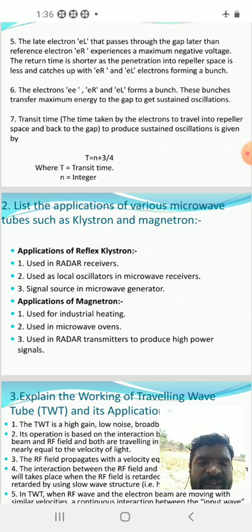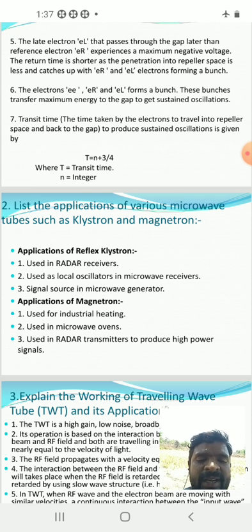That means the reflex klystron is linear type, where the electron beam and electric field are parallel along the beam. Magnetron is a cross field tube, where the electric field and magnetic field are perpendicular, and the electron beams move in a curved path.